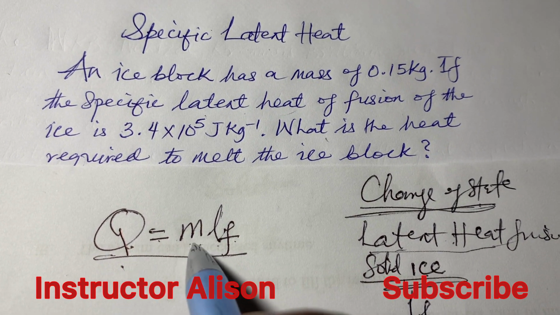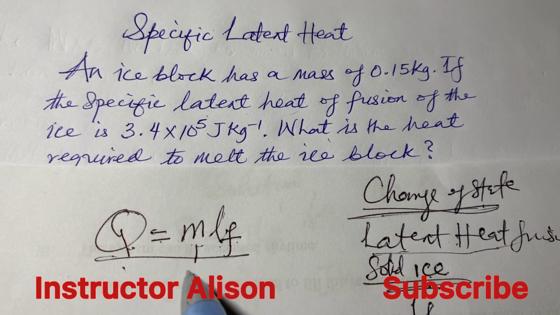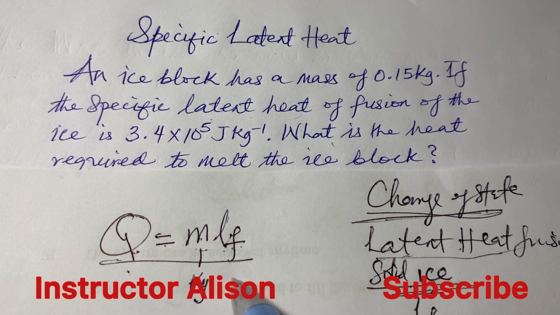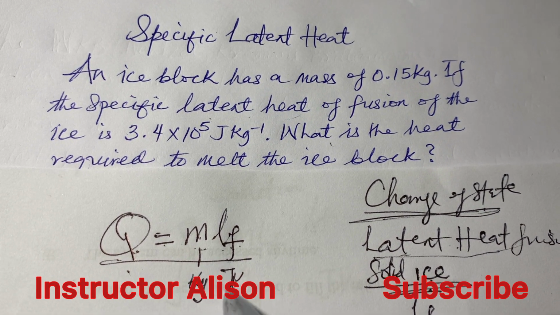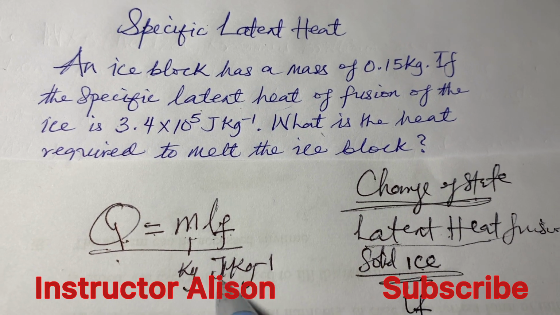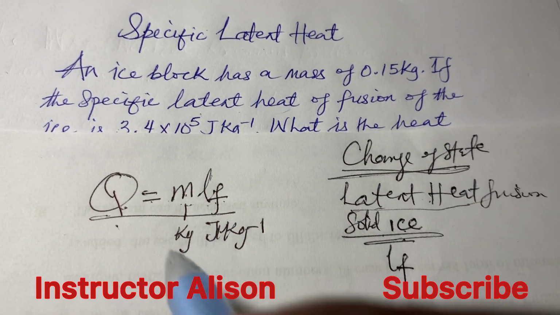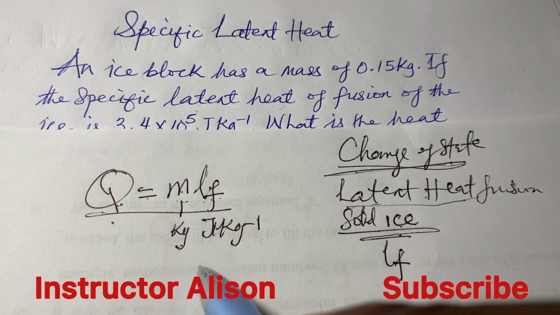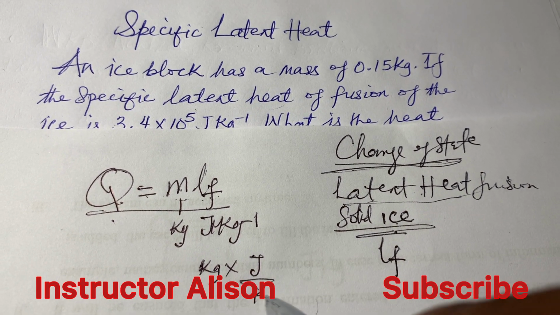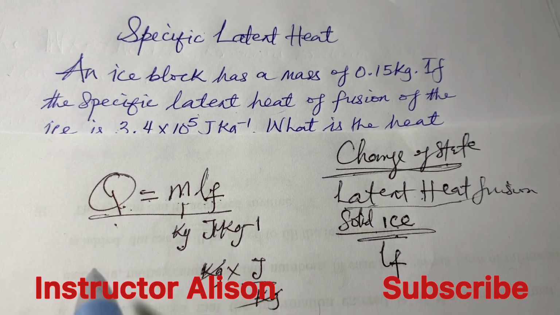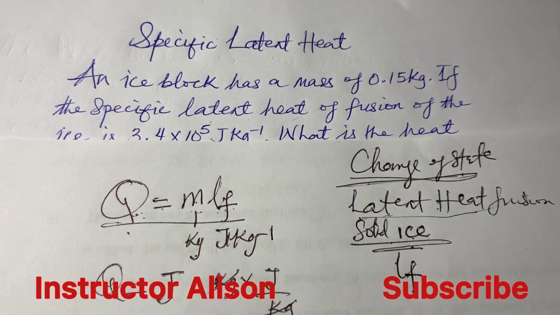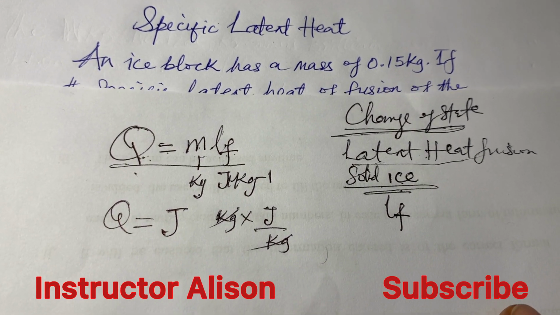We need to understand the unit for which these things are measured. Mass is in kilogram and latent heat of fusion is in joule per kilogram. So that's the unit. When you have kilogram multiplied by joule per kilogram, you know that this quantity of heat will definitely be measured in joules. That's the unit of the quantity of heat.